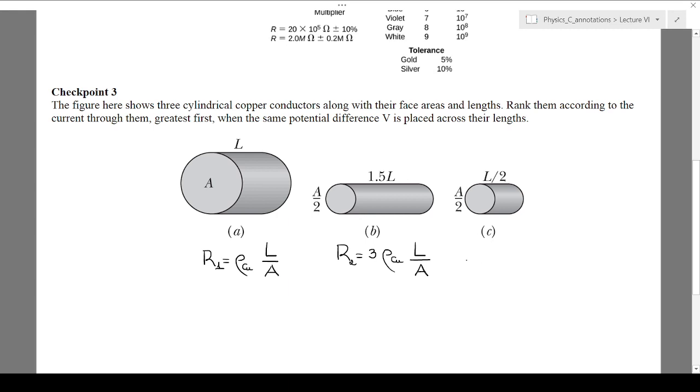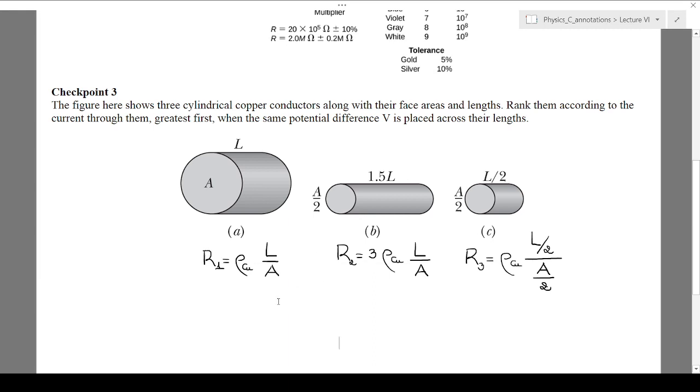For this one here, you can do the same, you can do it by yourself. You use the same material, the length here divided by this area, and you can reach your own conclusion. You can study those ratios.